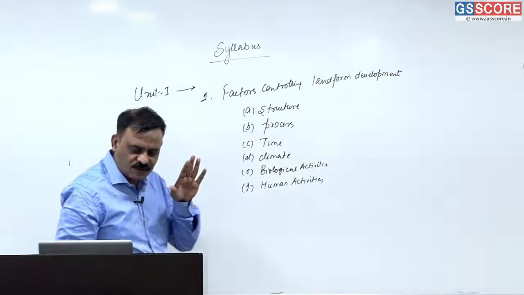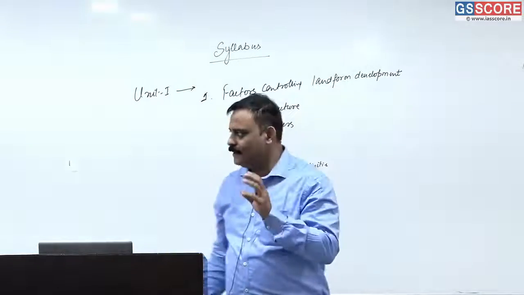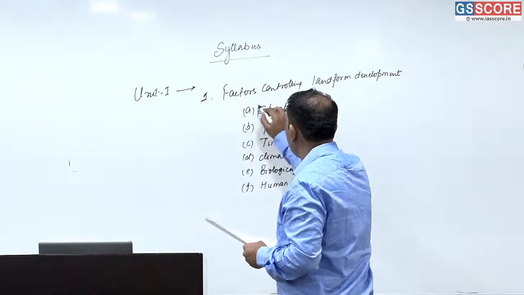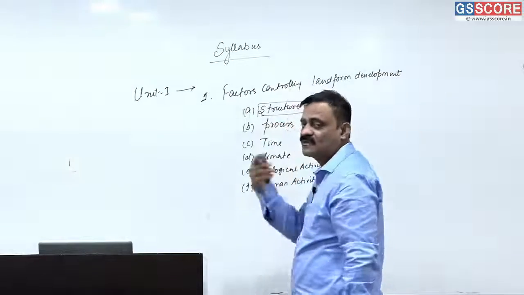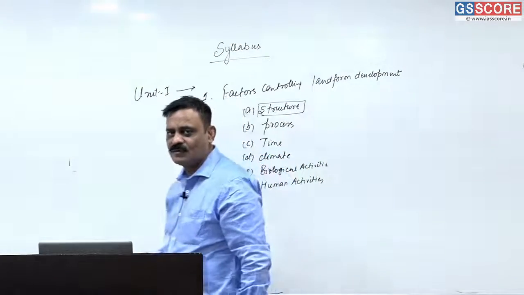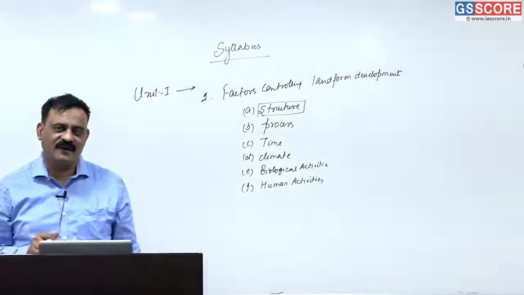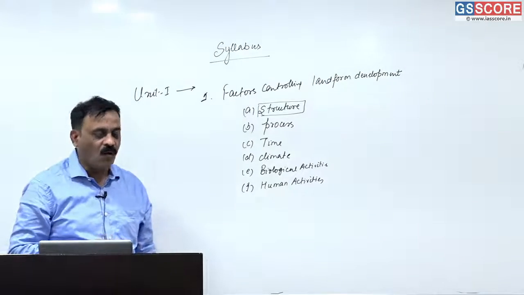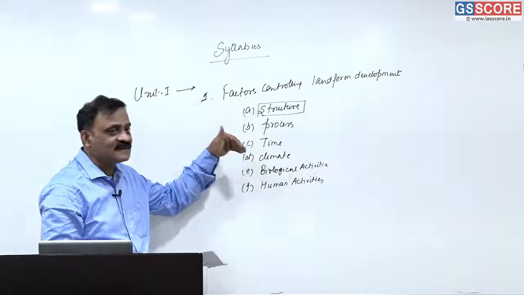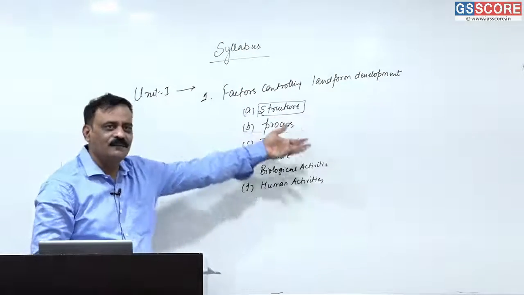Now it is quite possible that there can be a question related to one particular factor, for example, how structure plays an important role in the development of our landforms, or discuss the role of a process in the development of a landform.